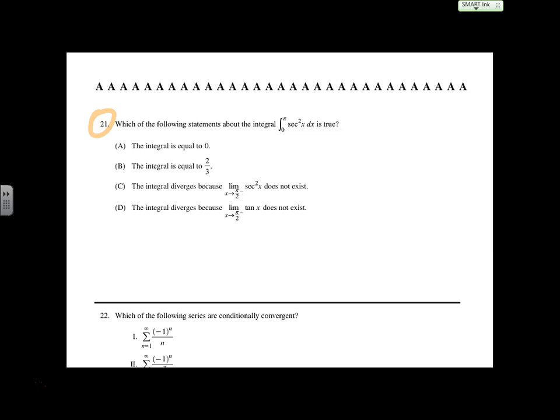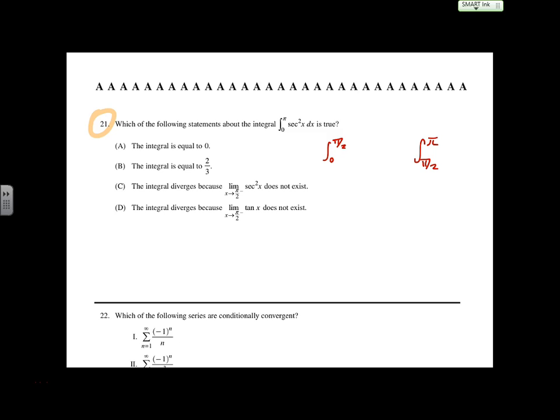Because if you're noticing what's weird going on, if we tried to solve, the integral of secant squared is easy, that's tangent of x, tangent of pi minus tangent of 0. But what we wouldn't have considered is that we need to split the integral up at pi over 2, because we have an asymptote. That's mean.